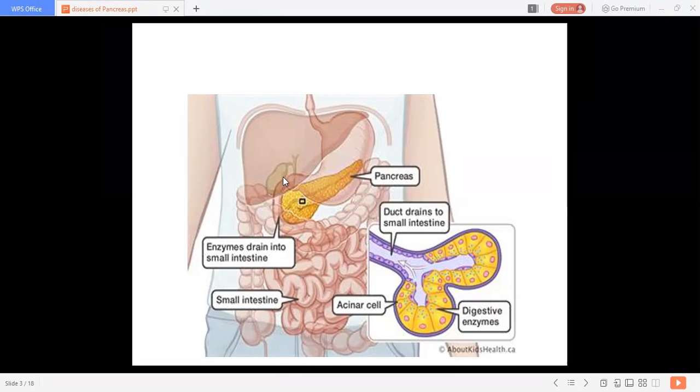These enzymes drain into the small intestine. This is the small intestine, this is the pancreas. It is the normal structure of the pancreas, anatomy and normal physiology.